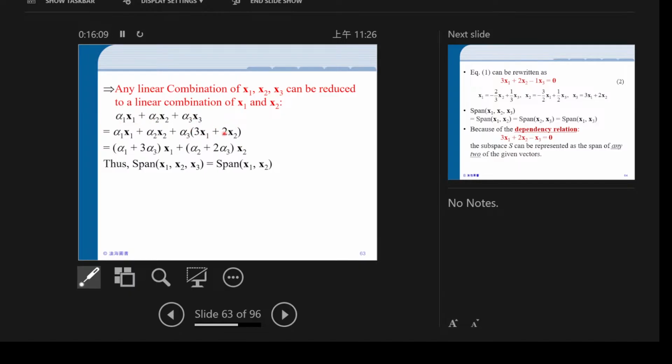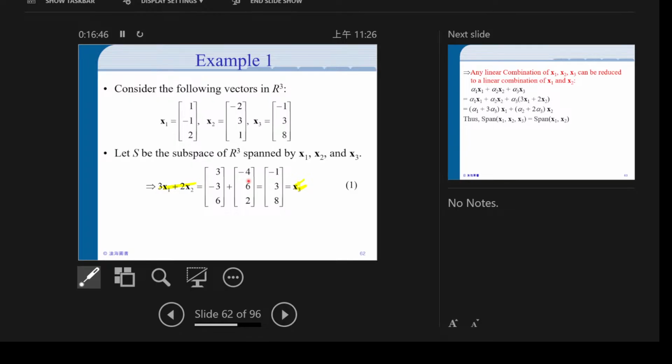Then alpha 3 x3 can be written as alpha 3 times 3x1 plus alpha 3 times 2x2. Moving things around, you see alpha 1 plus 3 alpha 3 times x1 plus alpha 2 plus 2 alpha 3 times x2. So any linear combination of alpha 1, alpha 2, alpha 3 can be written as a linear combination with some other alpha 1 and some other alpha 2. So span of x1, x2, x3 equals span of x1, x2.